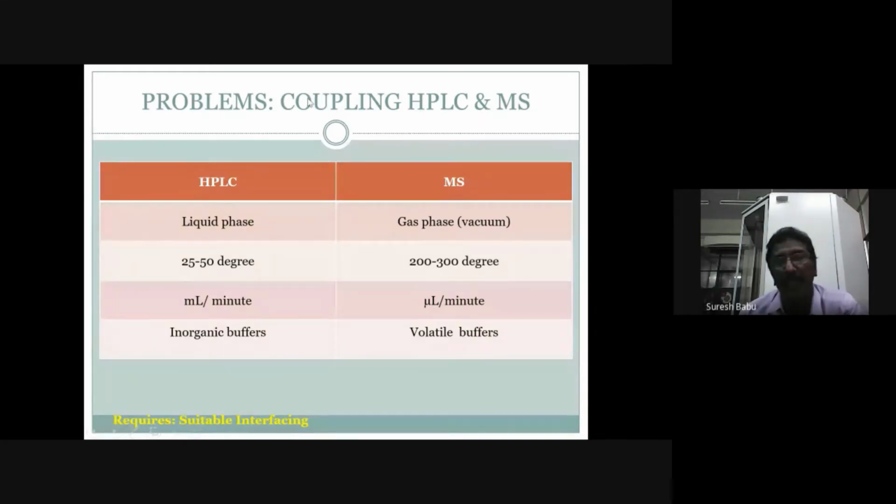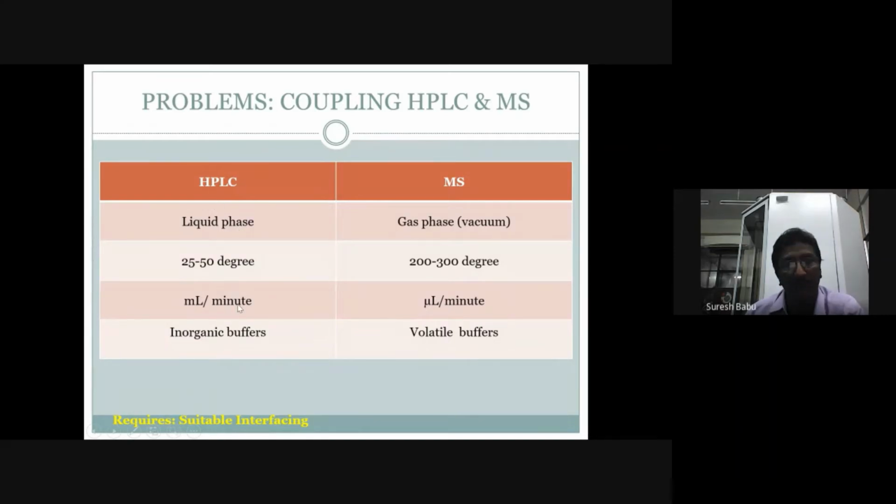Actually in LC-MS we have to couple LC and MS, but there are some critical problems. The output of LC is solution. Actually, it is in liquid phase. MS needs gas phase, and it also works under vacuum. And the operating temperature of LC is ambient, that is 25 to 50 degrees, and that of MS is higher, around 300.